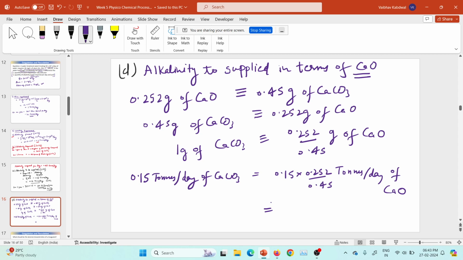How much will it be? 0.15 into 0.252 divided by 0.45 is 0.084 tons per day of CaO required.